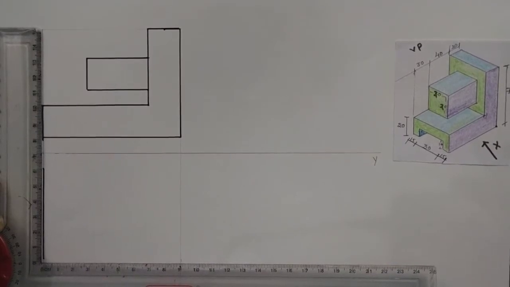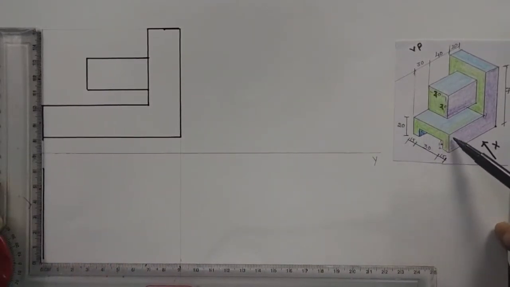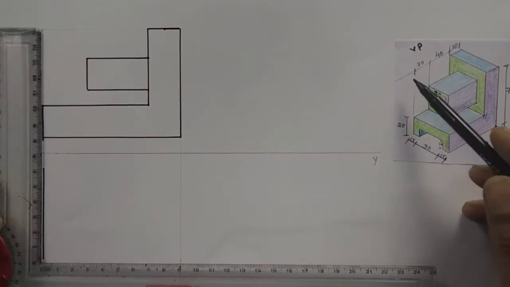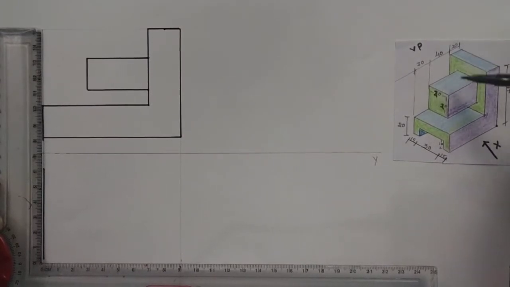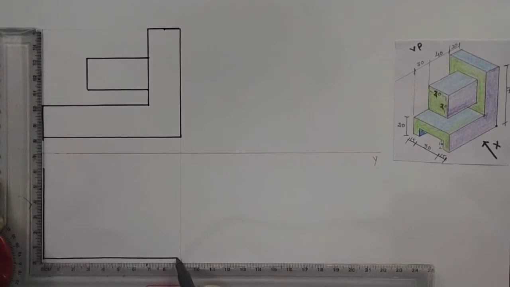So first I draw the 60 mm width line, which is perpendicular to my XY line, because the width is always perpendicular to the VP plane. Now the length of the object in top view is parallel to the vertical plane. So here we draw the length parallel to the XY line, that is your 90 mm.